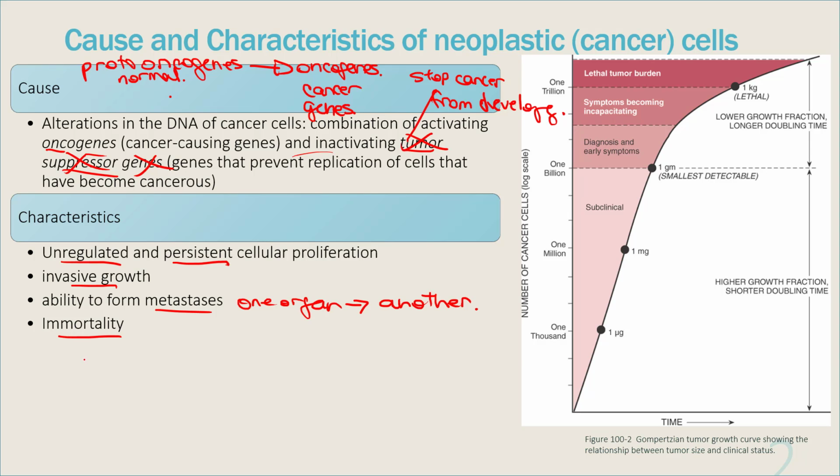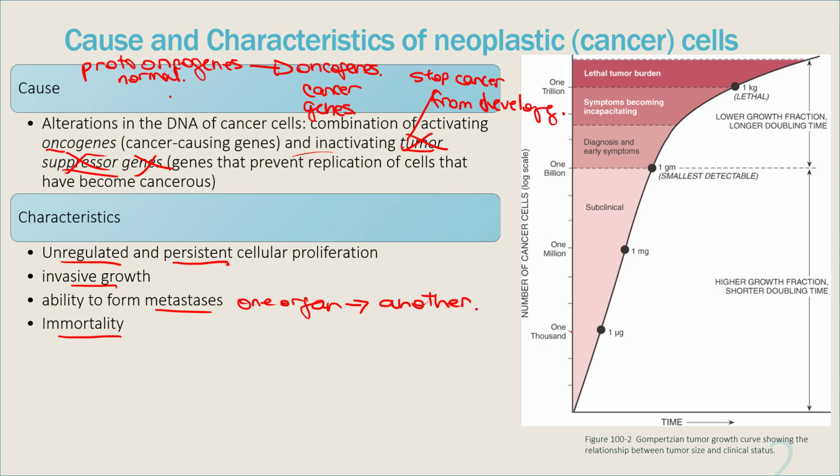So, for example, a normal red blood cell will live for 120 days, and a normal platelet will live for 5 to 7 days. But if there were cancers of those cells that produce red blood cells or platelets, they would last a lot longer than the standard normal lifespan of red blood cells and platelets.